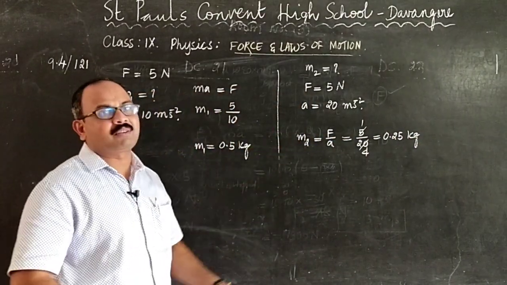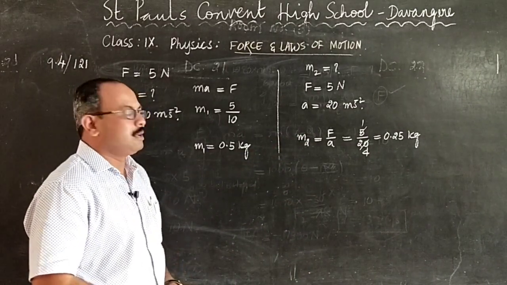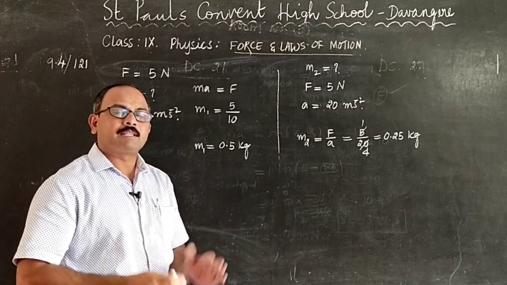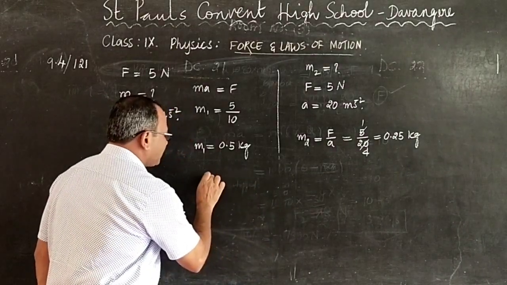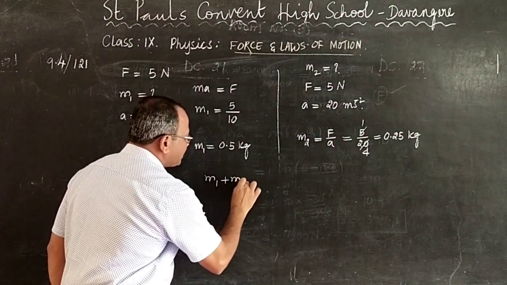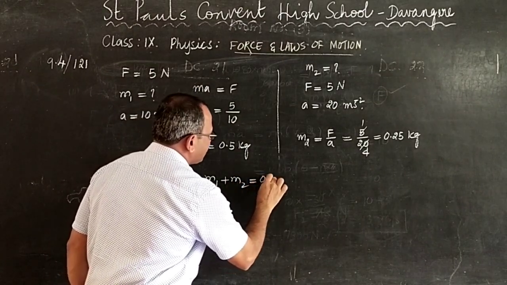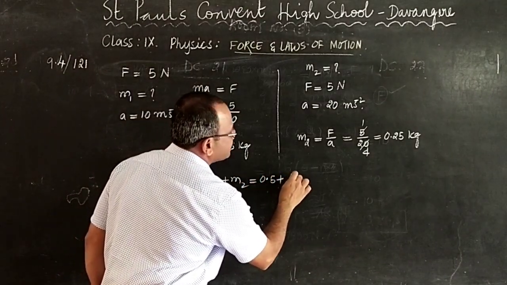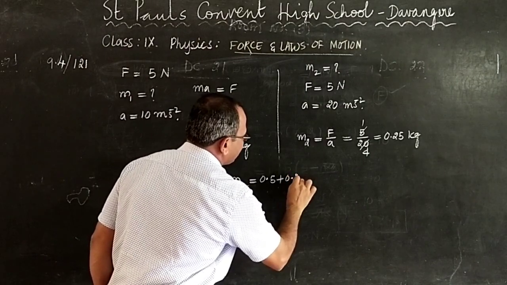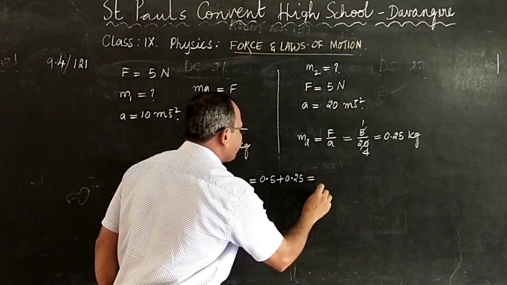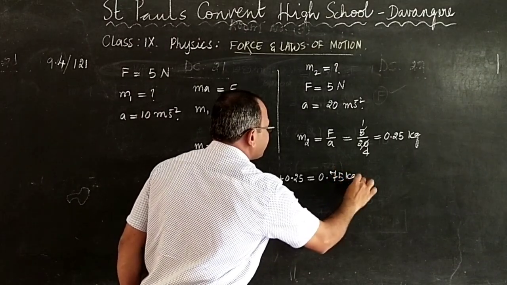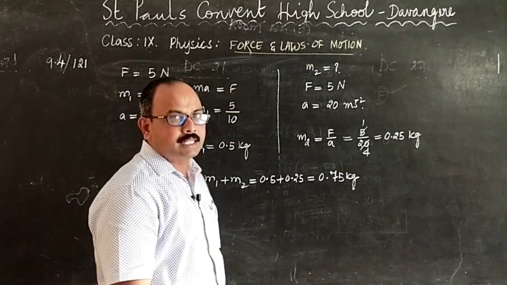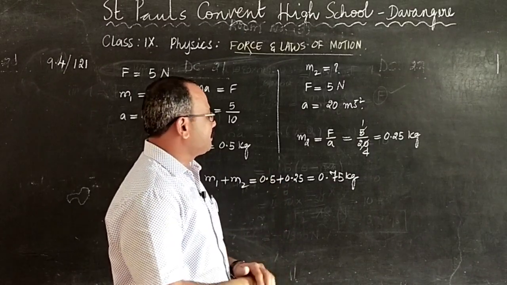One below the other you have to write, children. Now, I must find out the total mass. Therefore, m1 plus m2 becomes 0.5 plus 0.25. This will become 0.75 kg. For this, the force is the same.